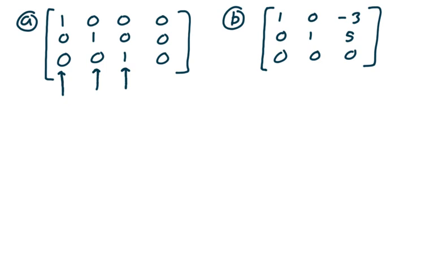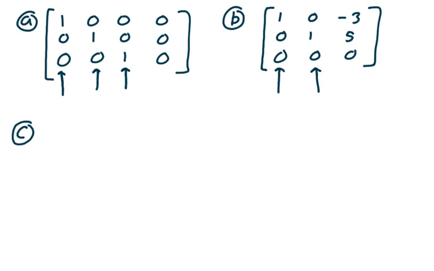If you look at the first column, the leading one is the only non-zero entry. And if you look at the second column, the leading one is the only non-zero entry for that column as well. And so that fourth condition held, and therefore this matrix is in reduced row echelon form.